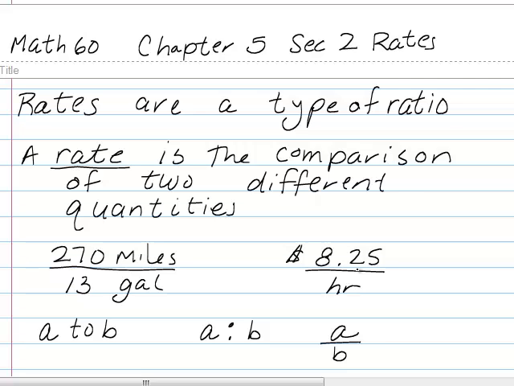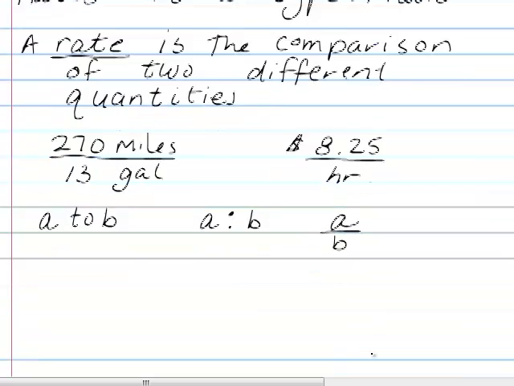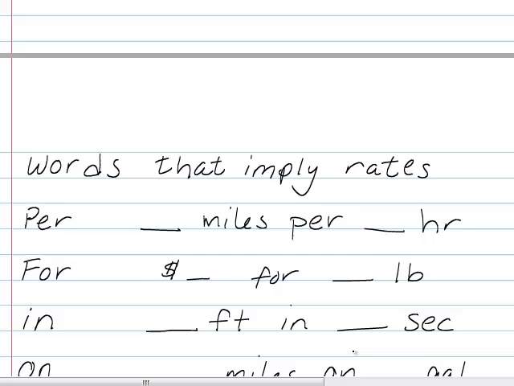There's a few others that we'll get to in a minute, but $8.25 per hour that I work is what my pay is. And again, just with ratios, you can write these as A to B with the colon, or A to B as a fraction. Generally, with rates, we write them as fractions, and we look at them in the fractional form.